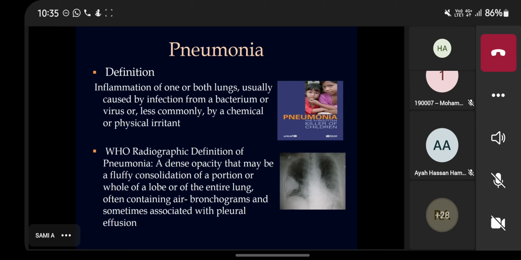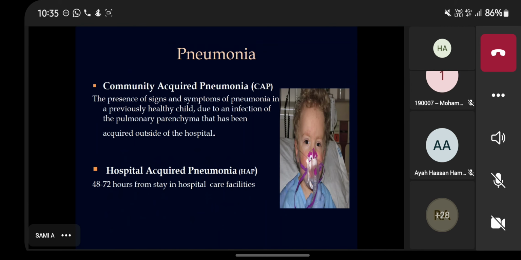Now, keep in mind pneumonia is a leading cause of death in low-resource countries in children less than 5 years. So we need to differentiate between community-acquired pneumonia and hospital-acquired pneumonia. I'm discussing community-acquired pneumonia in healthy children, not immunocompromised hosts.